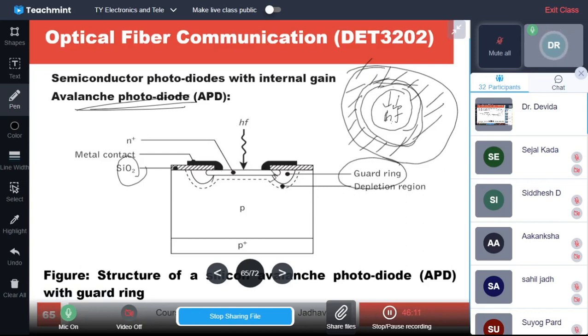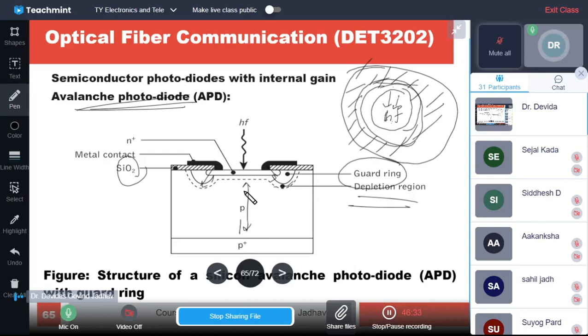It avoids the current, and leakage current is reduced. And this is the depletion region, and this is the absorption region. This overall is an absorption region because it is intrinsic. So this is the photosensitive area, the absorption region.